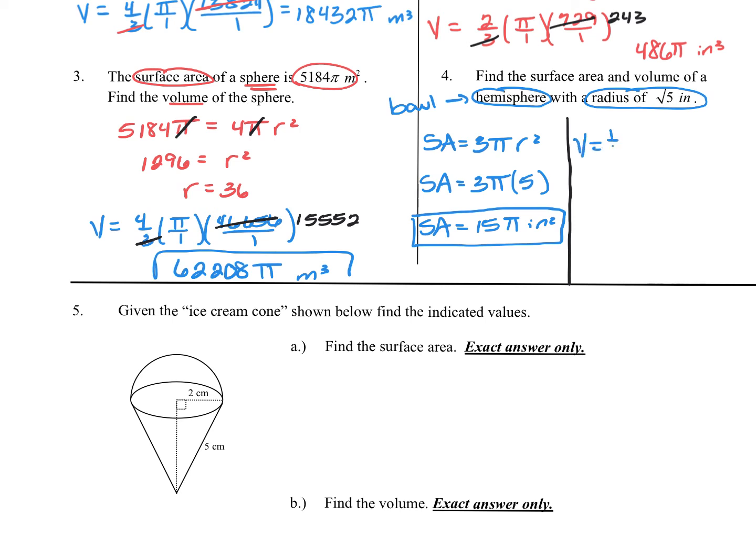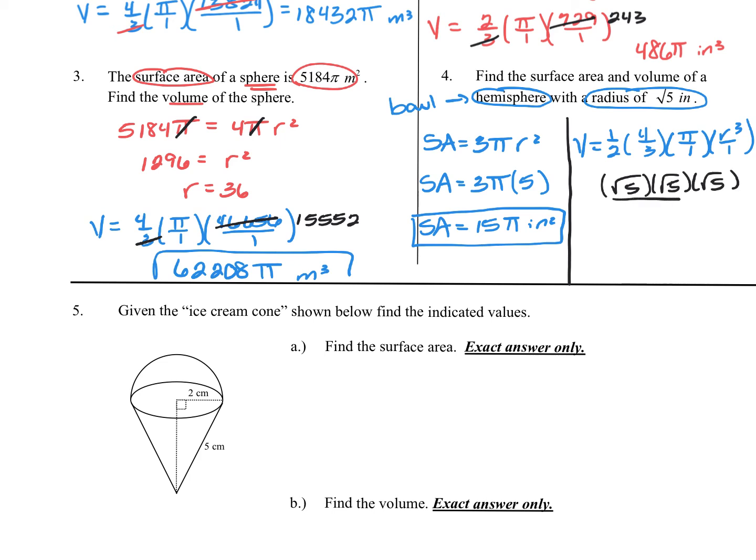So we're going to have our 1/2, our 4/3, our pi, and our r cubed. Now we need to cube that radical without having to convert this to a decimal. So that means that I'm going to do a radical 5 times a radical 5 times a radical 5.